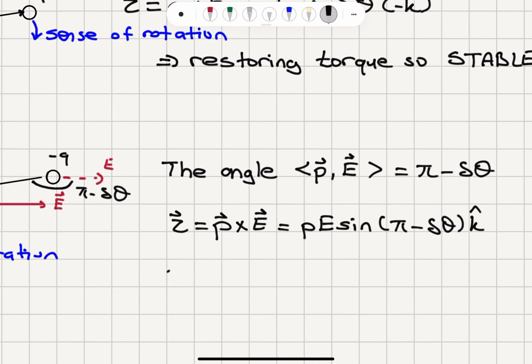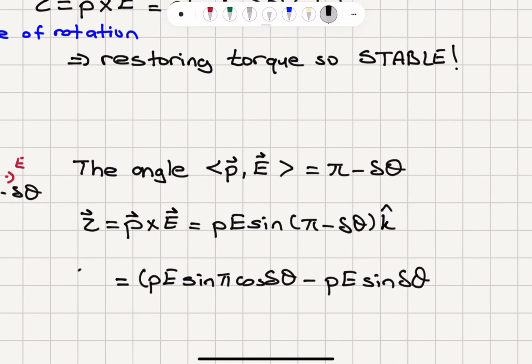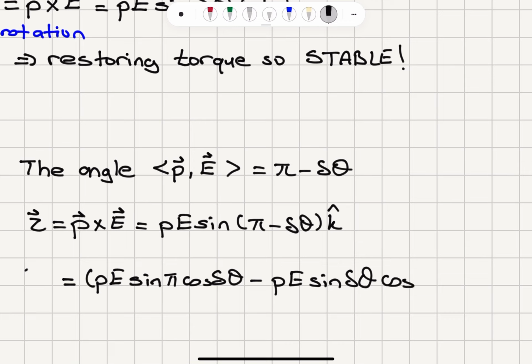And what is sine of pi minus delta theta? This is equal to P E times sine pi cosine delta theta minus cosine pi sine delta theta, in the k hat direction.